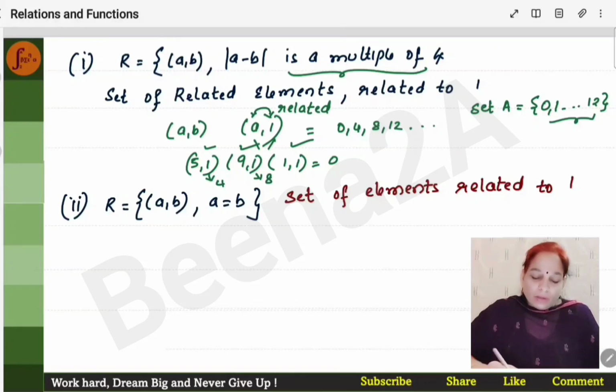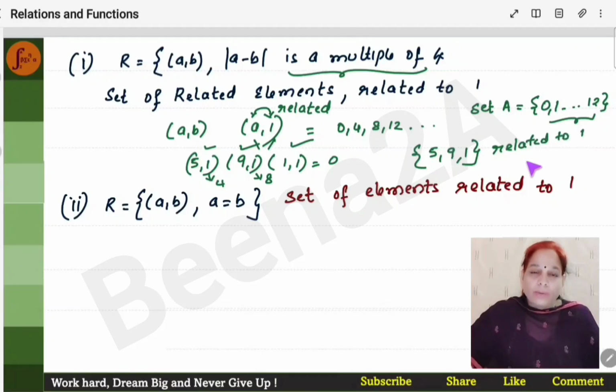So, the set of related elements is 5, 9, and 1. These are the elements which are related to 1.